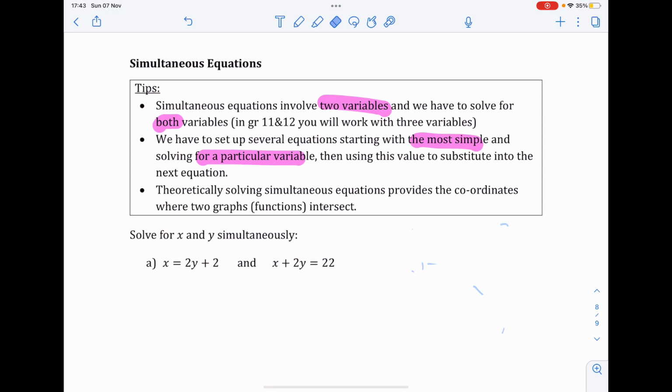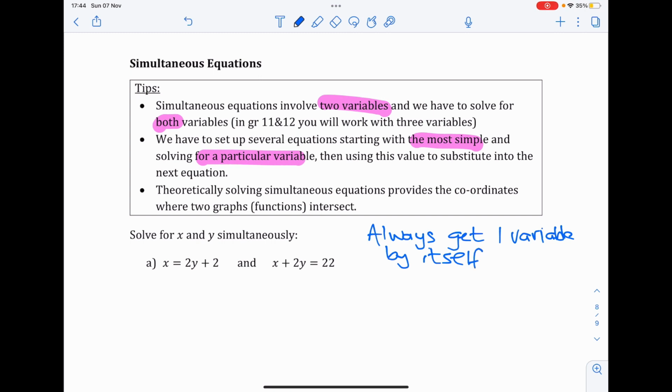In algebra, you get asked it with different equations. So here's our x is equal to 2y plus 2 and x plus 2y equals 22. Your first step is always to get one of the variables alone. Always get one variable by itself. In this question, we're lucky because we have one that's by itself.